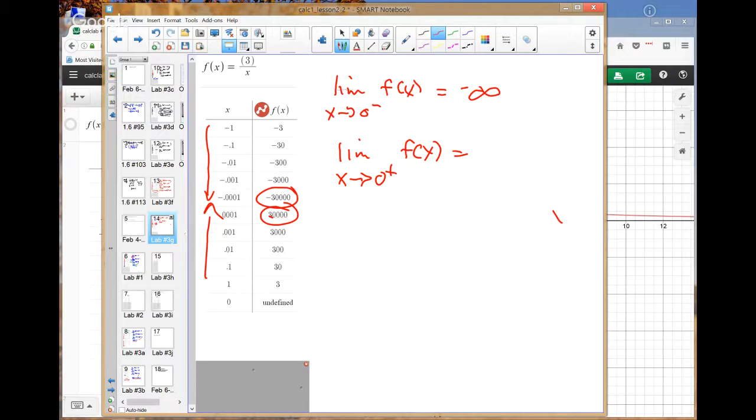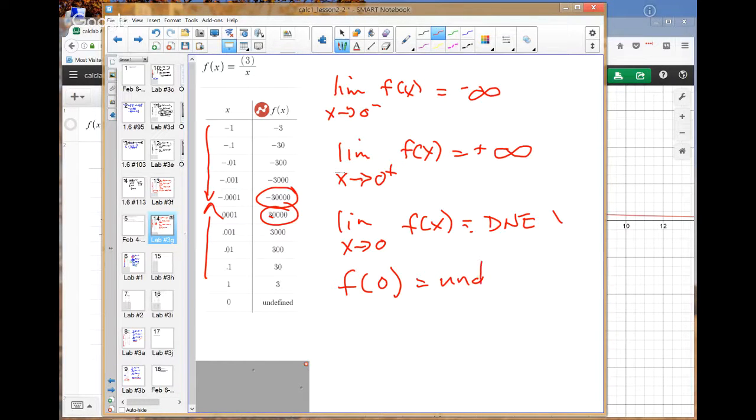So again, we've got this total not meet, the two branches are not meeting. So again, the limit overall does not exist. And we've got this undefined again. So we can't go anywhere with limits on this one. All right.